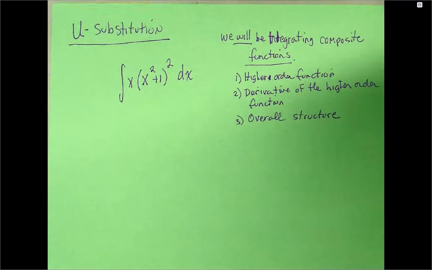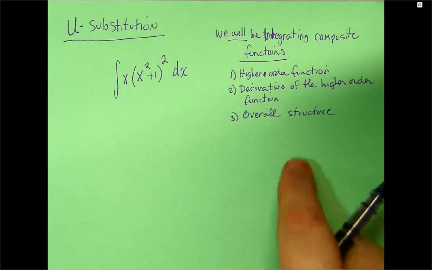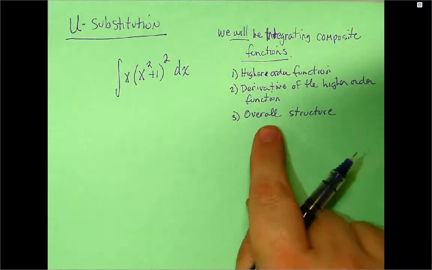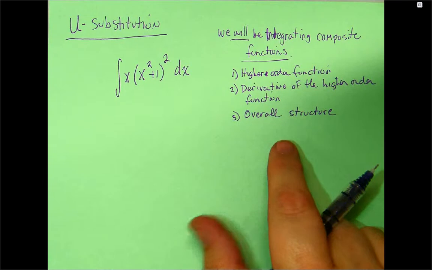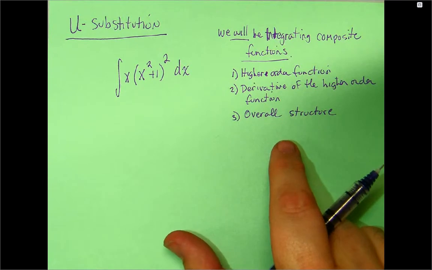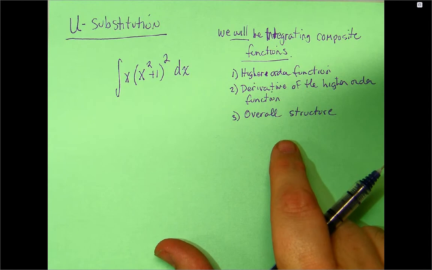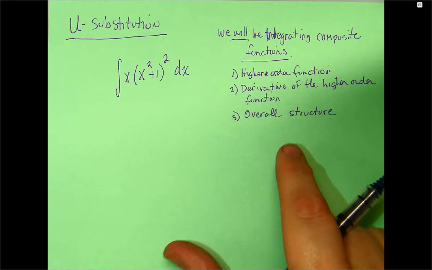Three things you want to look for, and actually this should be one: the overall structure of a function in there that would have been easy to integrate. But the function that we're trying to integrate is messed up. There's a higher order version of it and the derivative of it.